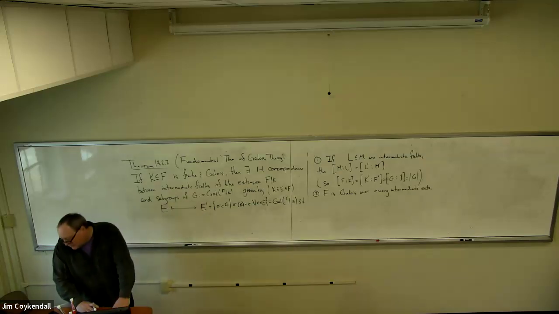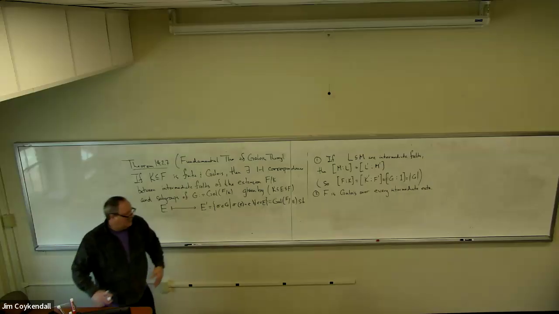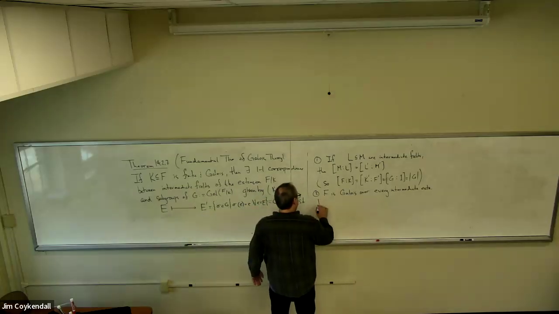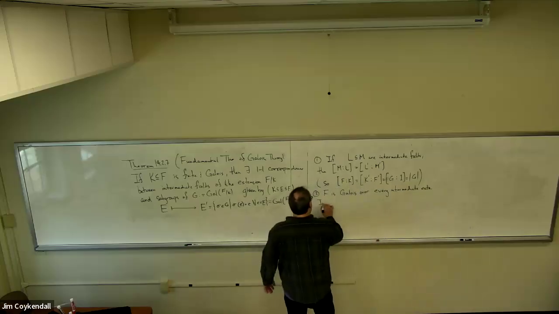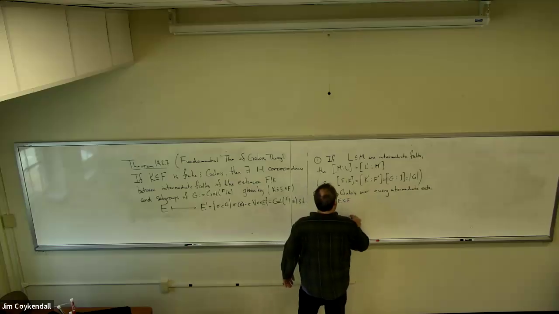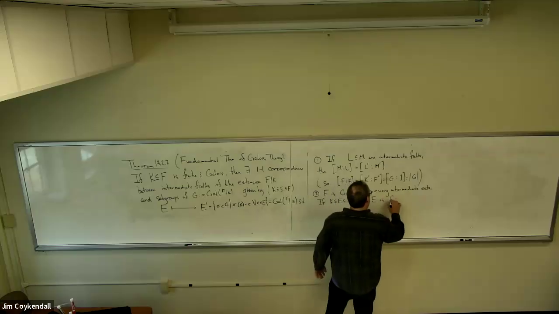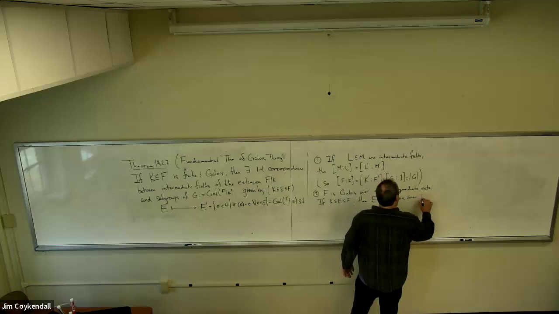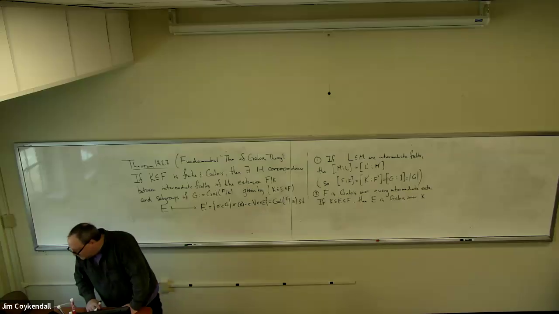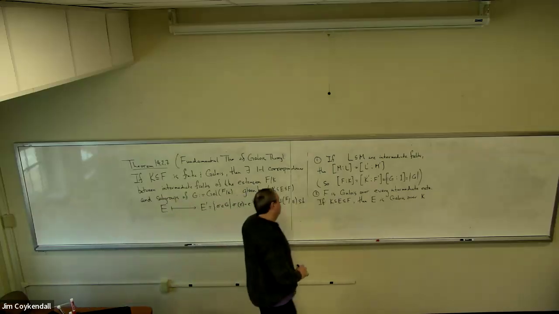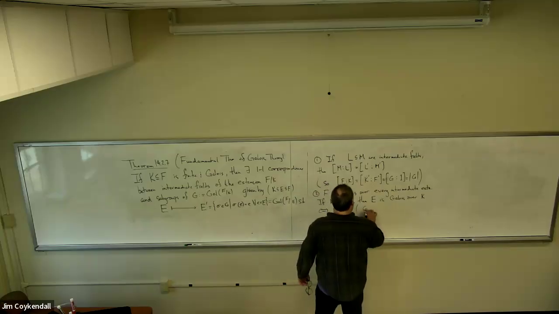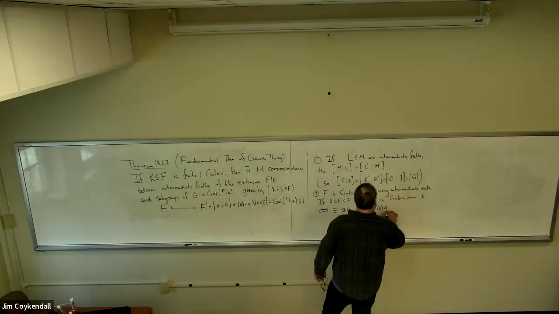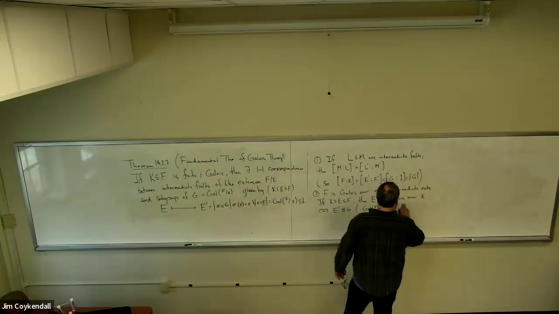So if E is between K and F, then F is also Galois over E. It's not necessarily true that E is Galois over K. Well, if E is an intermediate extension, then E is Galois over K if and only if E prime is a normal subgroup of G. That is, the Galois group of F over E is normal in the Galois group G of F over K.